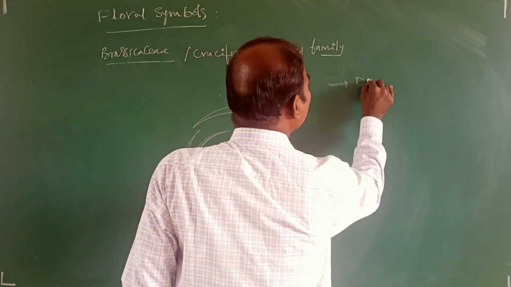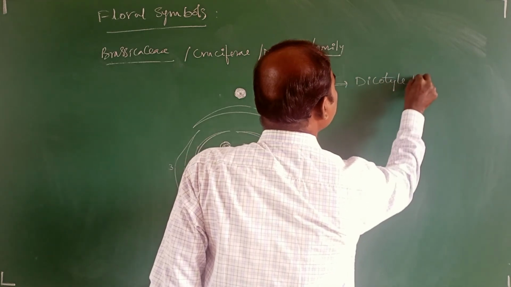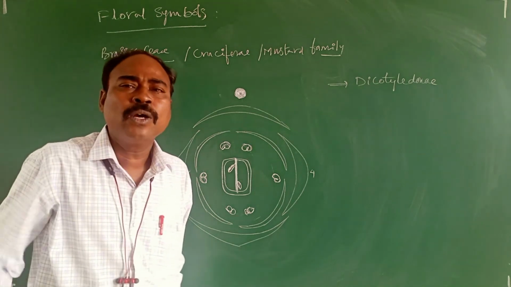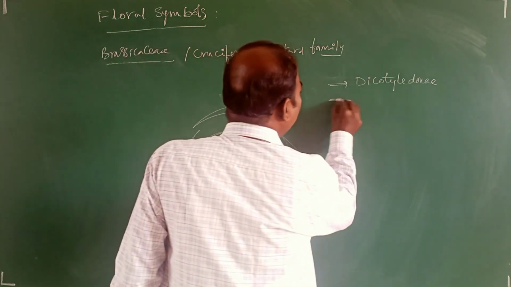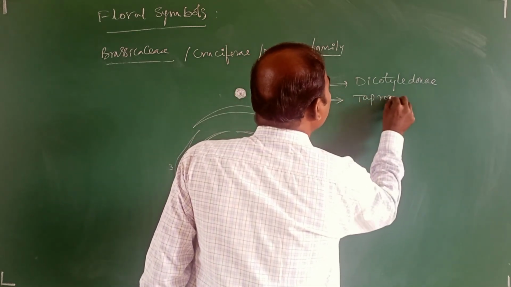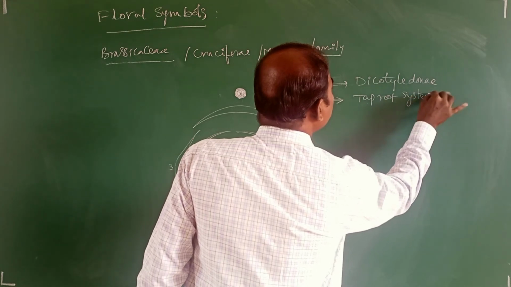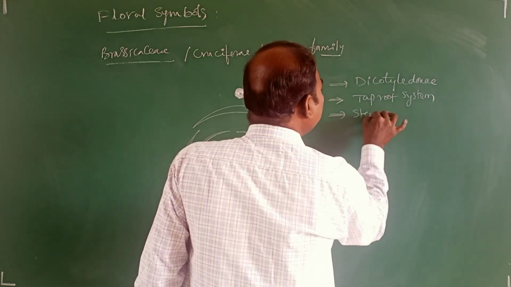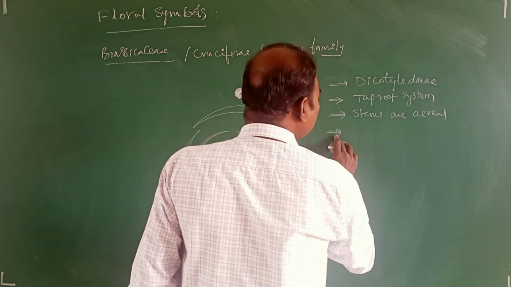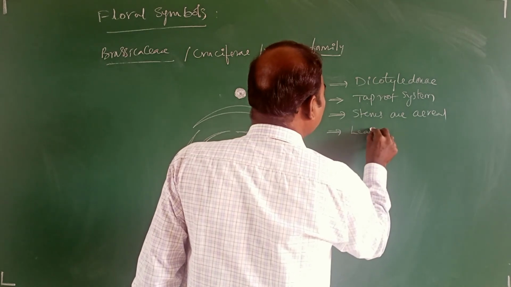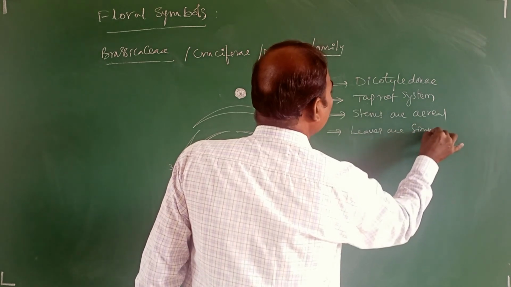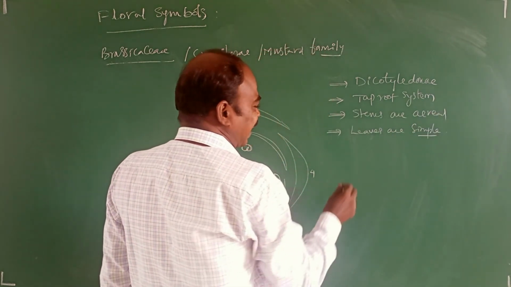Brassicaceae is a family belonging to the dicotyledons. The plants are dicots, meaning their seed has two cotyledons, and they have a taproot system. Stems are aerial. Leaves are simple and alternate.